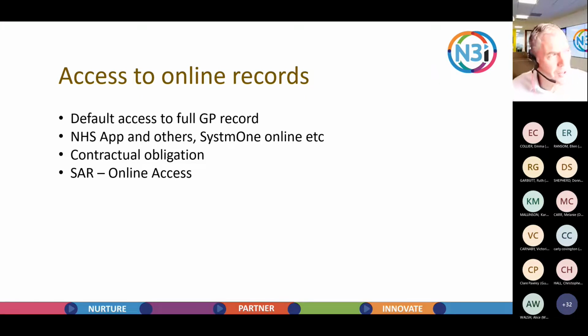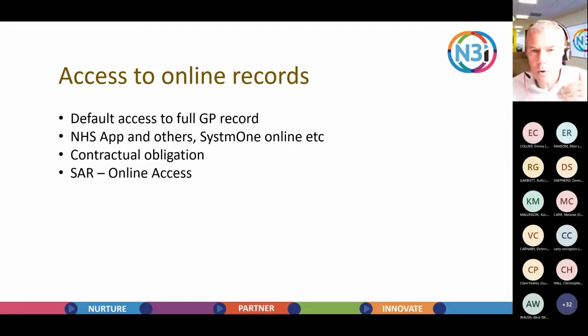I'm just trying to ensure that there are two different things here, and you can afford to be slightly more cautious with online access, because it is essentially an NHS process around how you manage the records. There's an interesting concept here that links these two together.